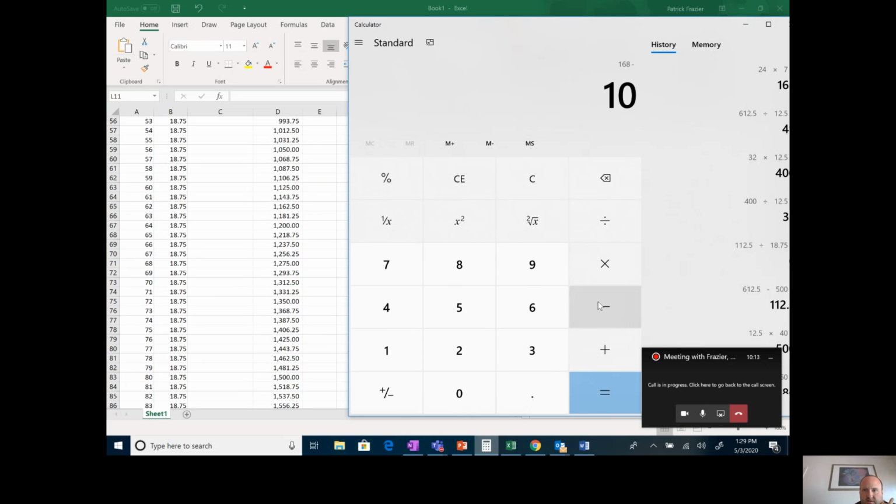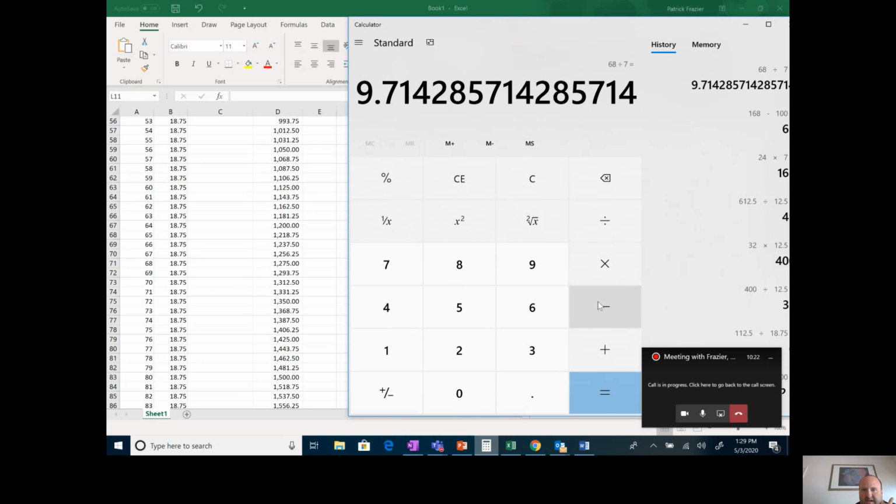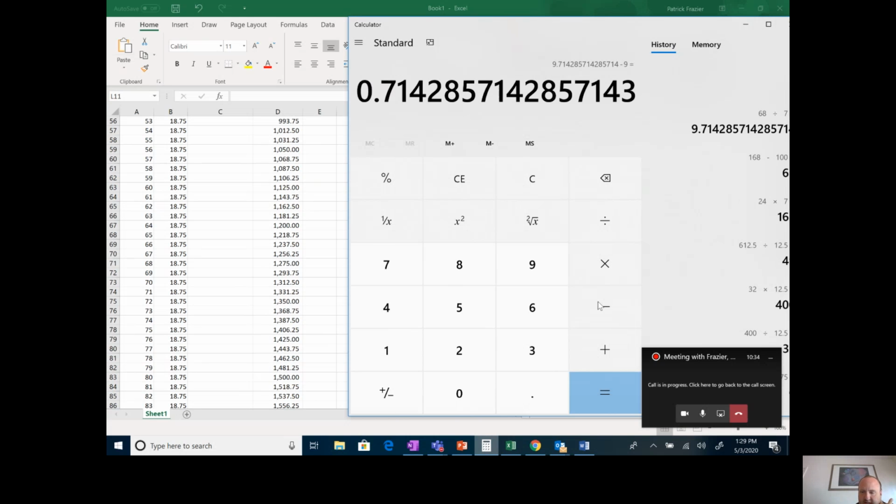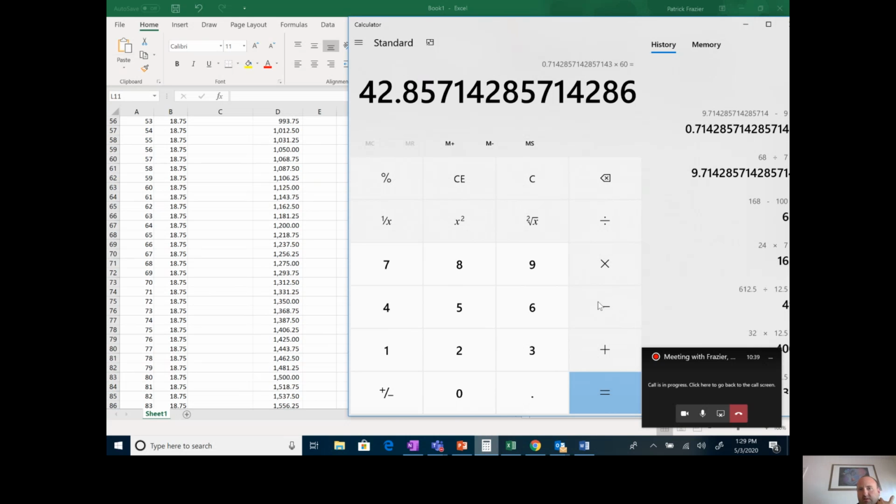So 168 minus 100, that's 68 hours you had to yourself during the week. And then 68 divided by 7 days a week means you had 9.7142 hours, but 9 hours, and it was almost 3/4 of an hour, so we take the decimal part and multiply that by 60 because 60 minutes in an hour.